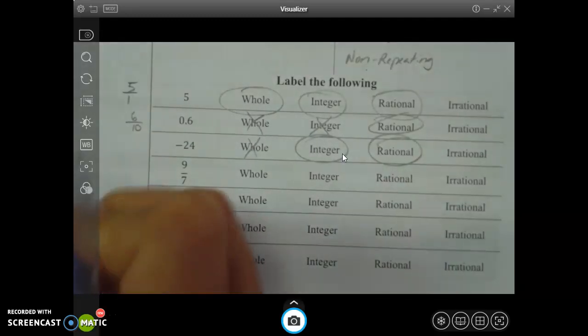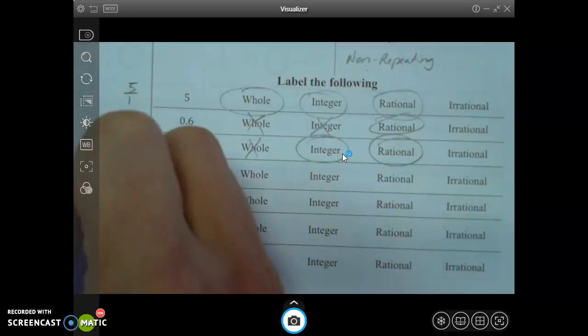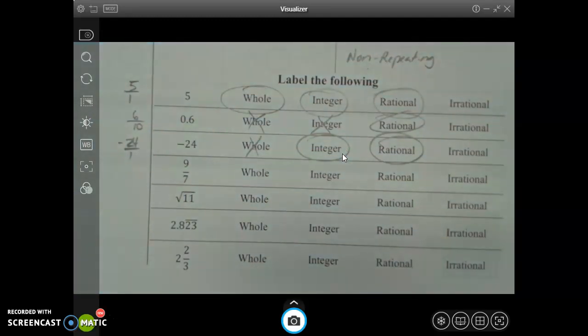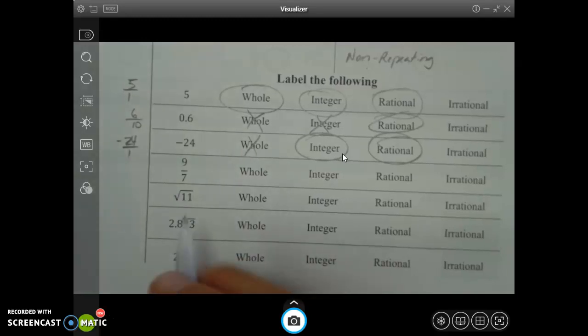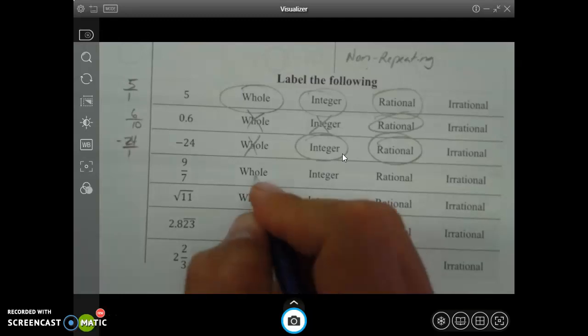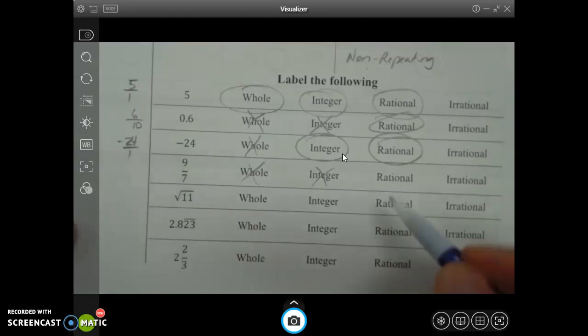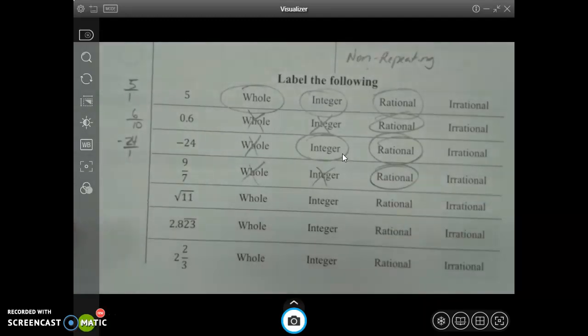We could express that as negative 24 over 1. Moving on, 9/7. Is it a whole number? No. Is it an integer? No, an integer is just a negative or positive whole number. But is it a fraction? Yep. It's an improper fraction, but it's a fraction nonetheless, so that is rational.